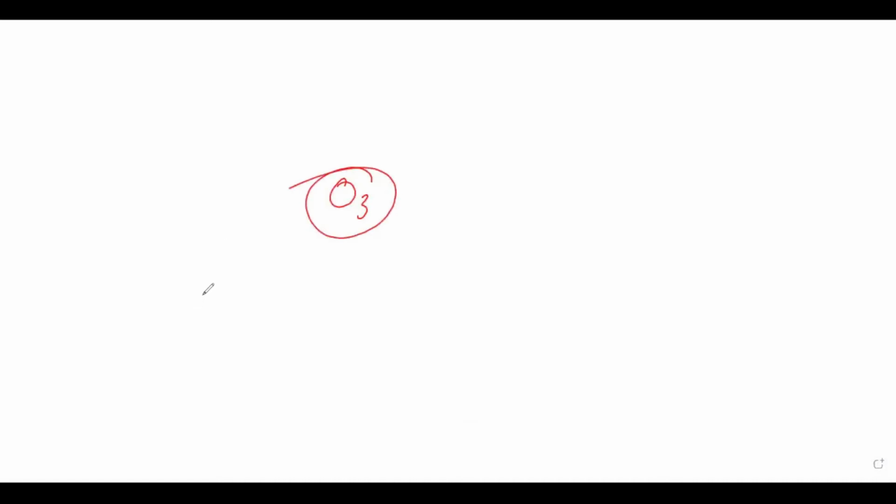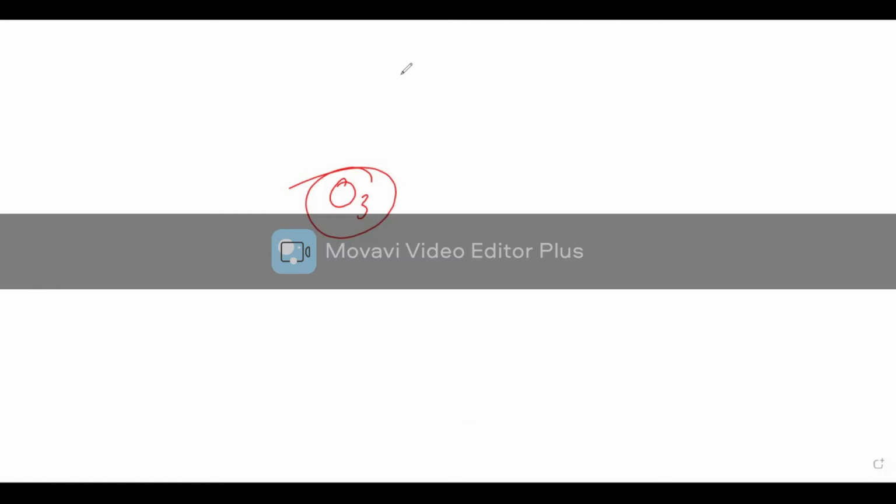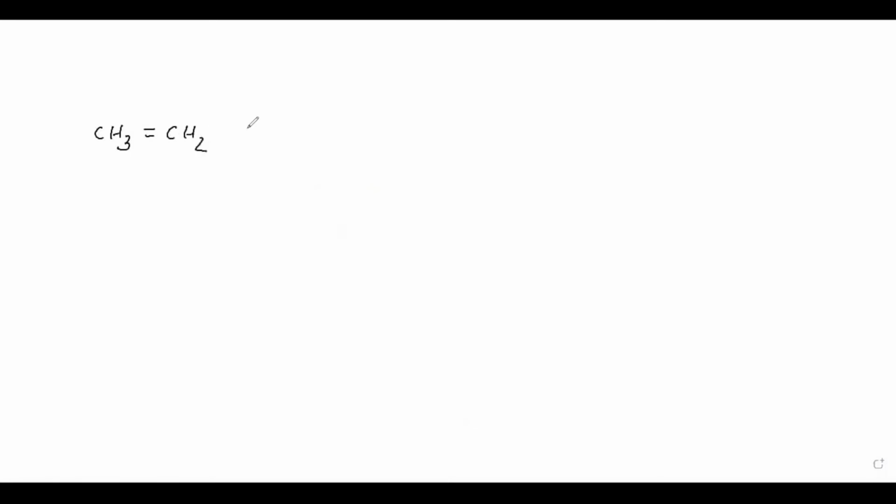We are adding ozone to a hydrocarbon. Okay, let us check the reaction. I'm taking an alkene, CH3 double bond CH2. The process is ozonolysis, so adding ozone, that is O3.